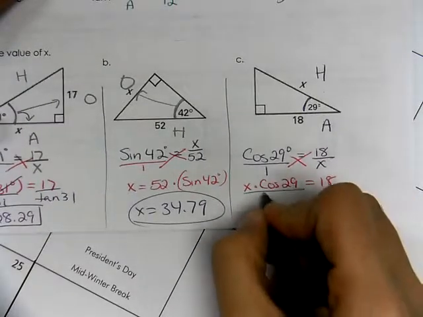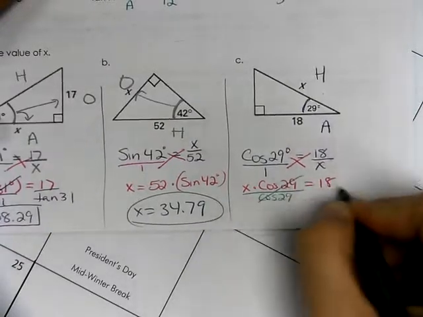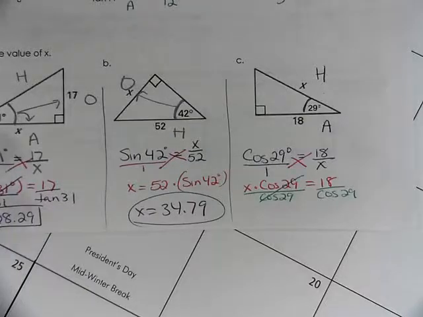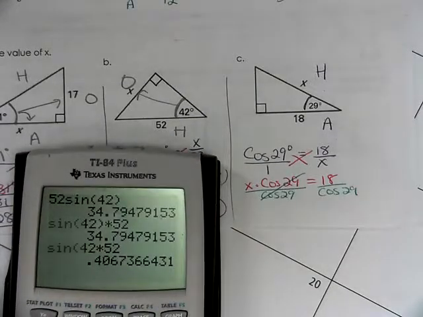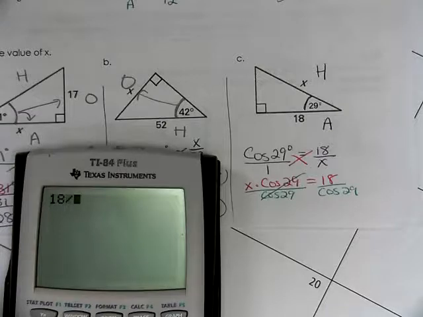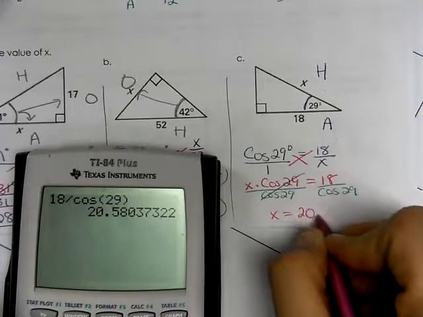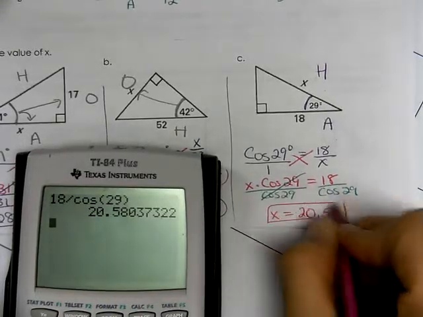So here I have to divide by the cosine of 29. In my calculator, 18 divided by the cosine of 29. So X is 20.58.